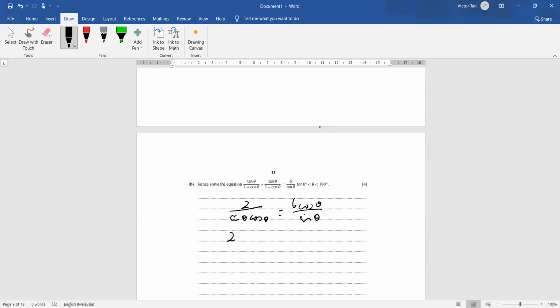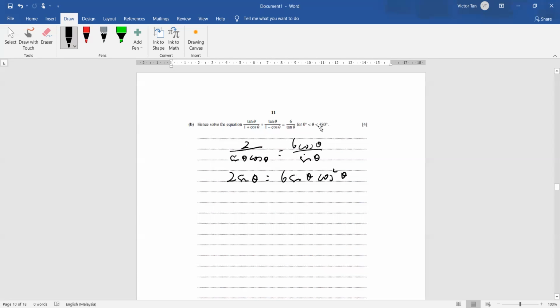By cross multiplying, 6 sine theta cos square theta, using the identity cos square theta equals 1 minus sine square theta, you have 2 equals 6 sine theta times 1 minus sine square theta. Expanding and moving all to one side of the equation, 6 sine cube theta minus 4 sine theta equals 0.